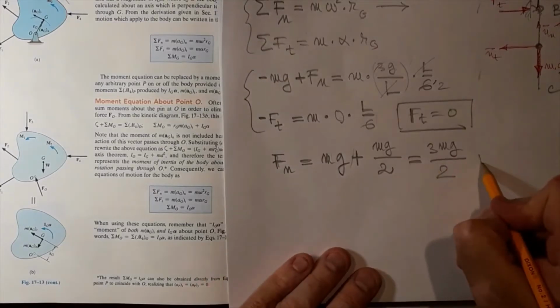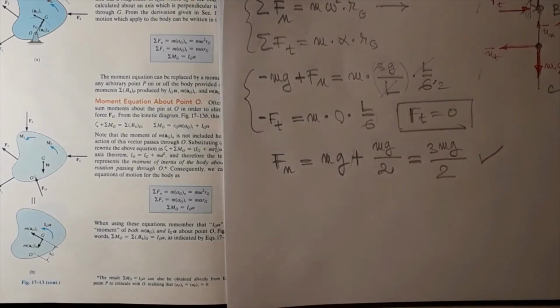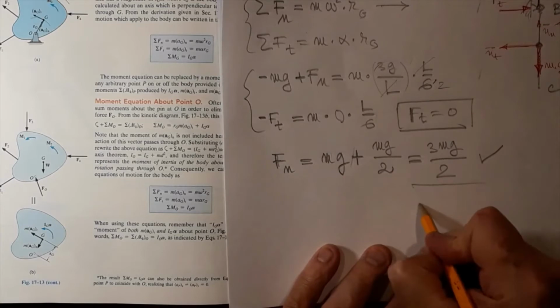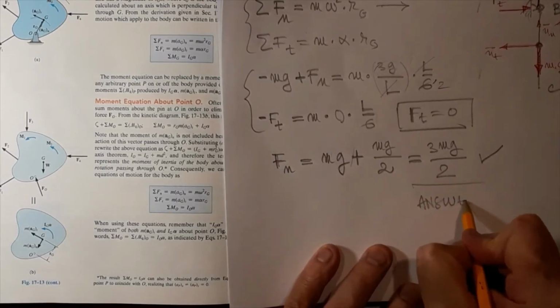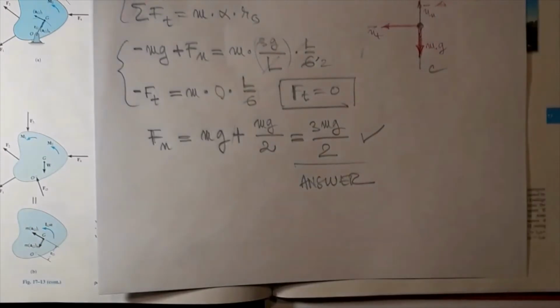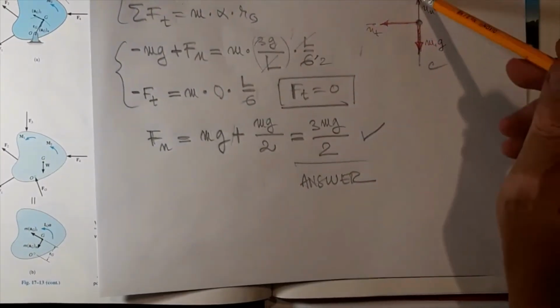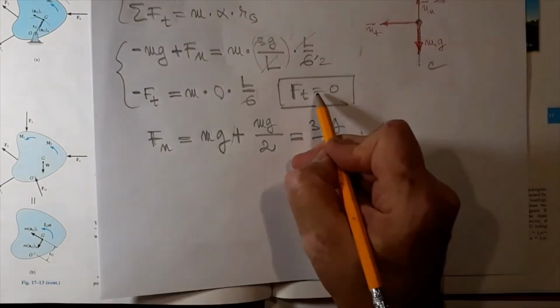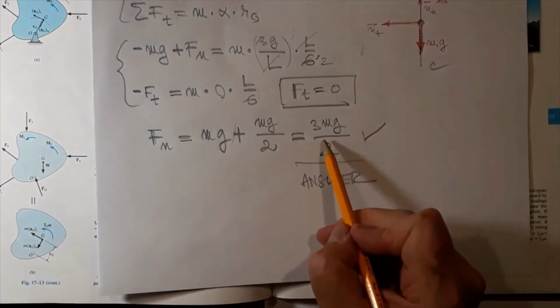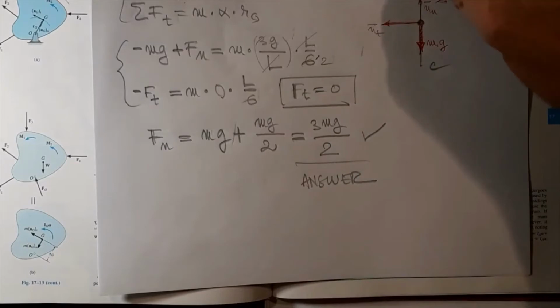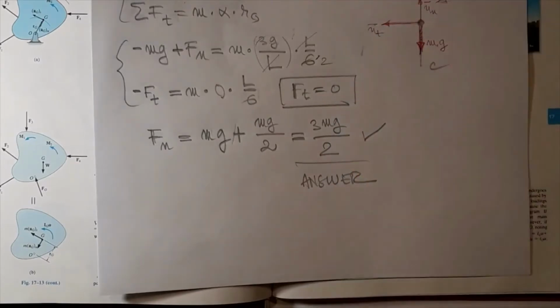This is the reaction at the supports. As you can see, this is bigger than the weight of the bar by 50%. If you just let it go and settle to vertical equilibrium, it's only mg, but if it's coming with a swing from the horizontal position, it's 3mg over 2.